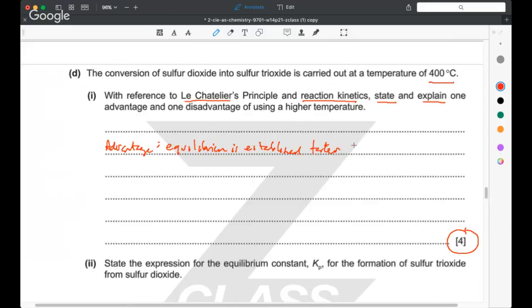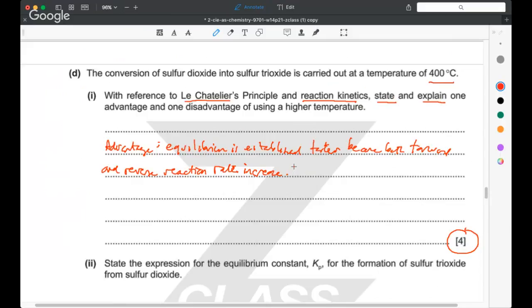The equilibrium is established faster because both forward and reverse reaction rates increase. Okay, so you've stated the advantage. Position of equilibrium is established faster because both the forward and reverse reaction rates increase.